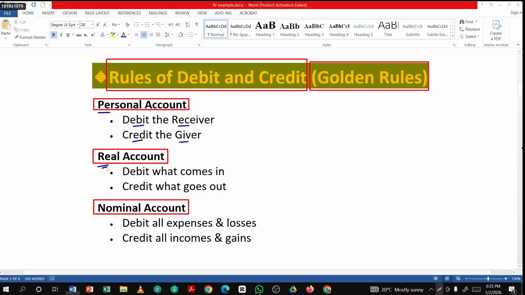In real account, what comes in is debit, and what goes out is credit. And in nominal account, all expenses and losses are debit and all income and gains are credit. These are the golden rules of accounts.